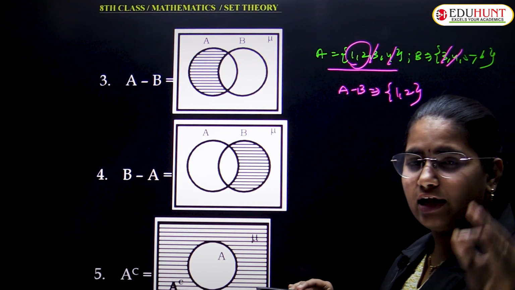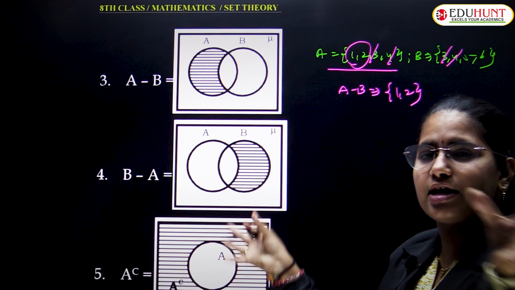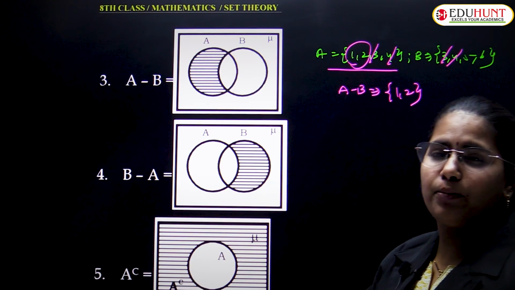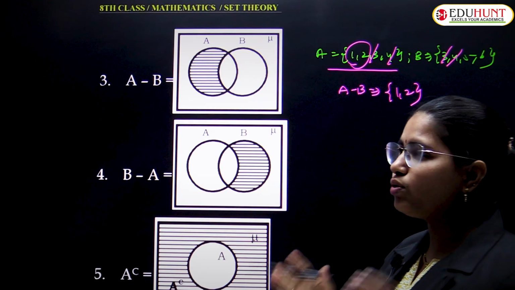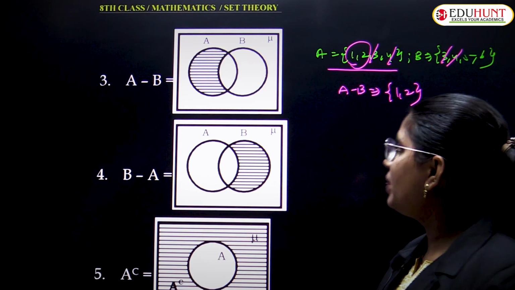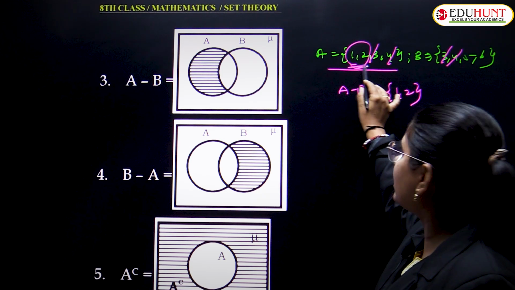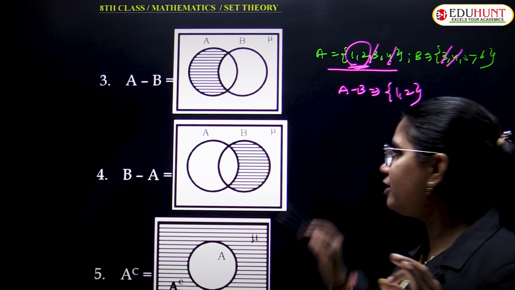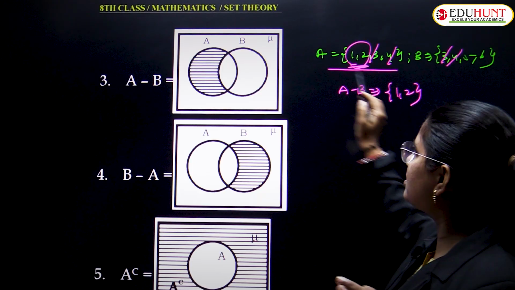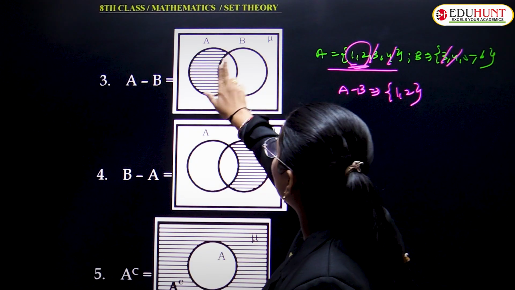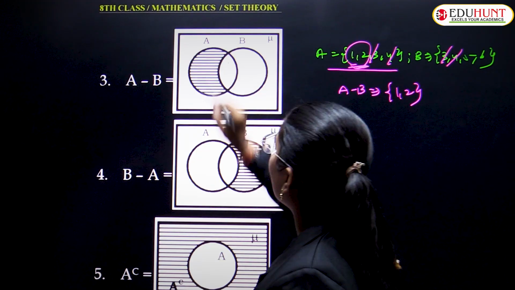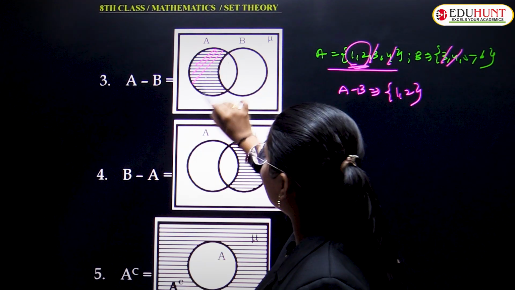Between the two sets, if you are doing the difference operation, whatever common elements are there get cancelled off, and the remaining elements come under A minus B. So for A minus B you have to remove A intersection B. I did not block A intersection B, I just blocked this part of A. Can you see here?